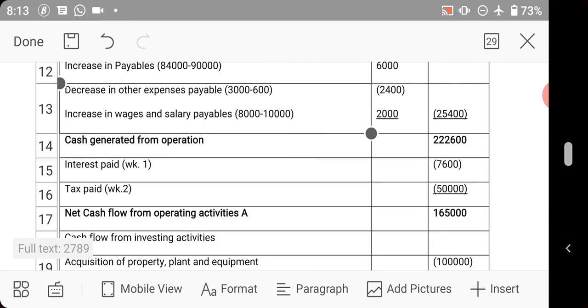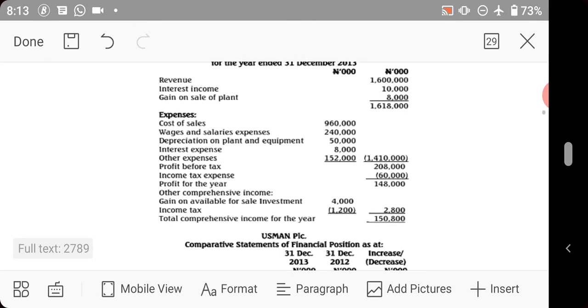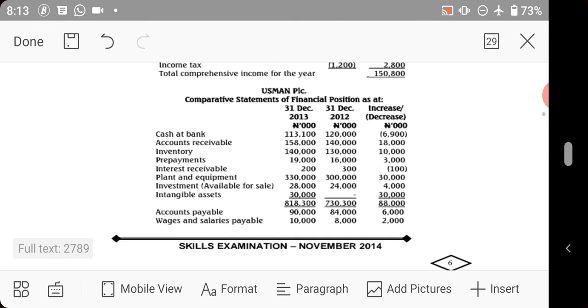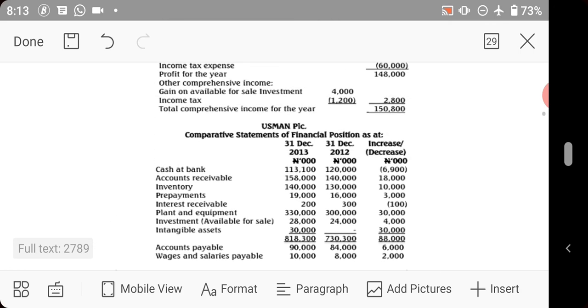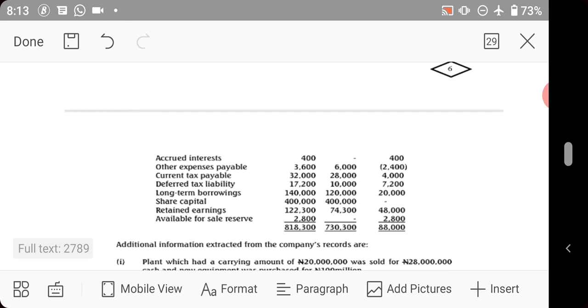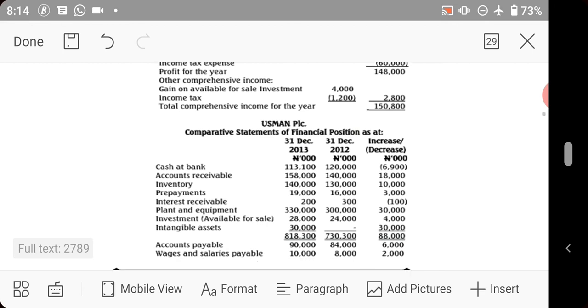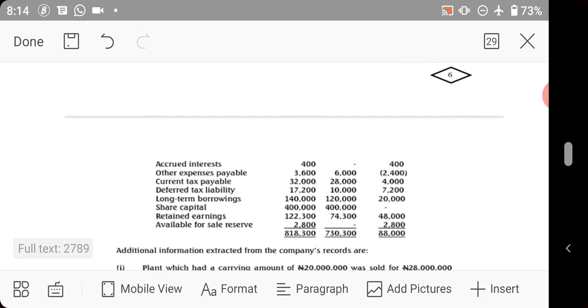So let's verify. Decrease in other expenses payable. Let's look at it. Accrued interest, other expenses payable is 36 and 6,000. The opening balance is 6,000.